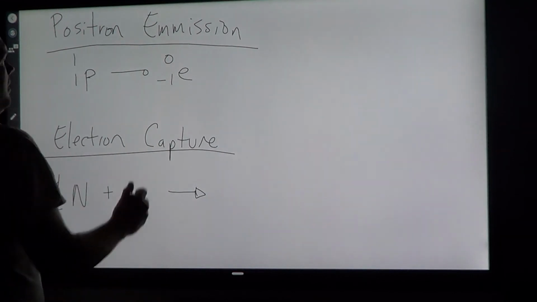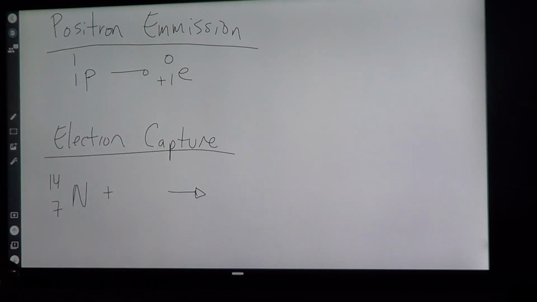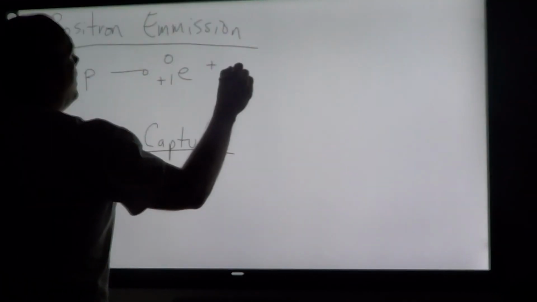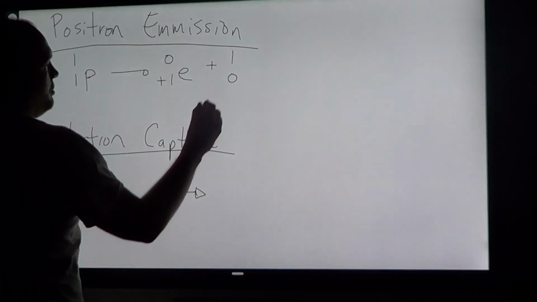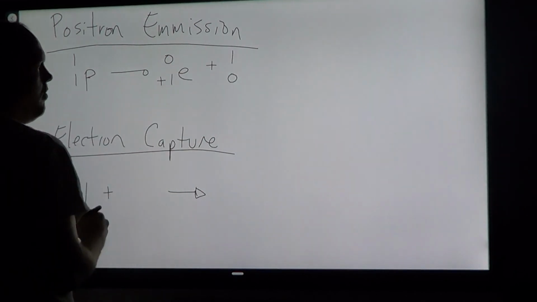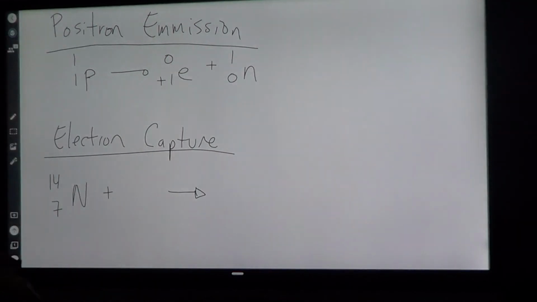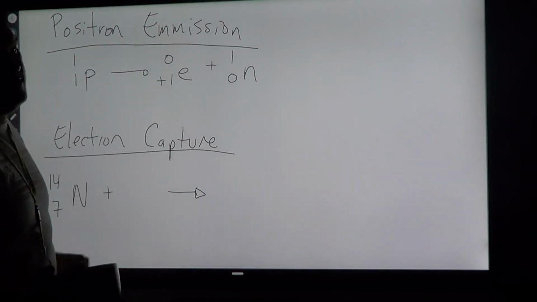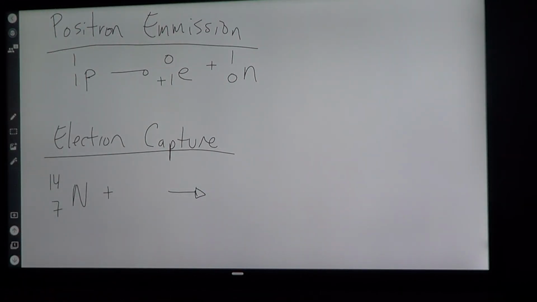So a positron is a +1, 0 electron. And so what happens is the proton has now become something with 0 protons and a mass of 1, which is a neutron. Okay, but again, the bottom numbers must be conserved and the top numbers must be conserved.